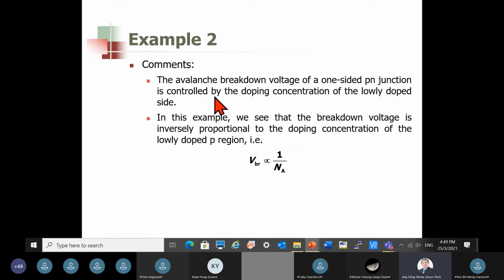Now there are two comments here that you can take note of. The avalanche breakdown voltage of a one-sided PN junction. One-sided PN junction is another name given to a PN junction whereby the doping on one side is much higher than the doping on the other side. The avalanche breakdown voltage of a one-sided PN junction is controlled by the doping concentration of the lowly doped side.